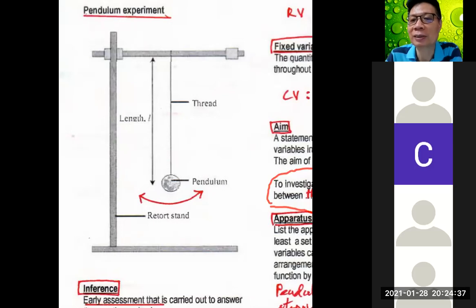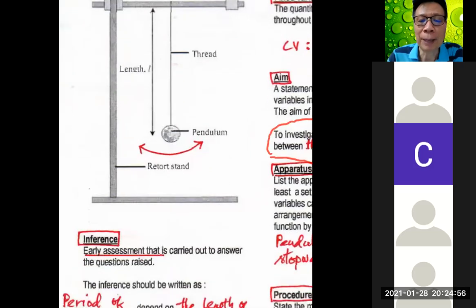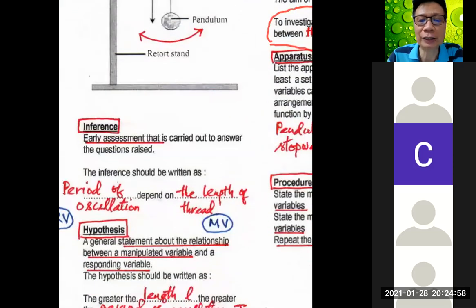Yes, very good. Actually, the more times you repeat, you will get a more accurate answer. That's why we need to do that. Okay? That was the repetition for the same length only.